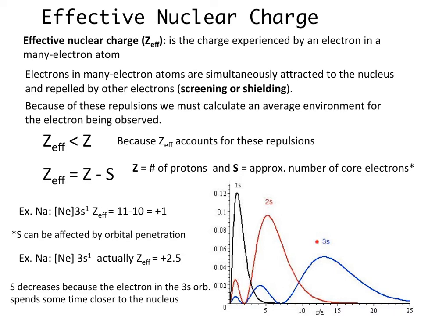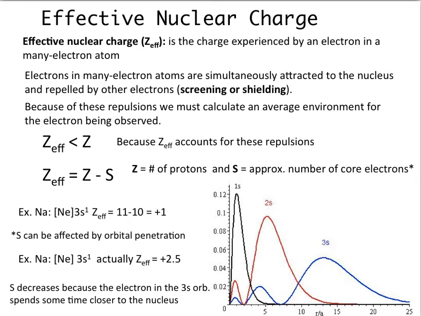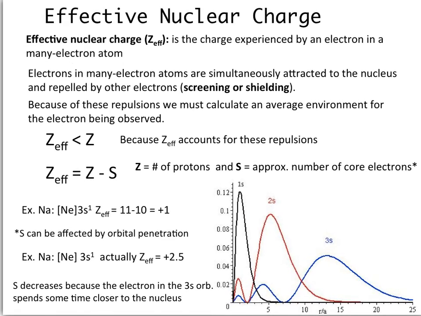So in this case, the 3s electron that we're looking at here, the one that's actually being affected by that nuclear charge, has a few chances of residing closer to the nucleus. So what ends up happening is your S value ends up decreasing, because the shielding that we're assuming is based on all of the electrons that are doing that shielding maintaining a specific distance from the nucleus.